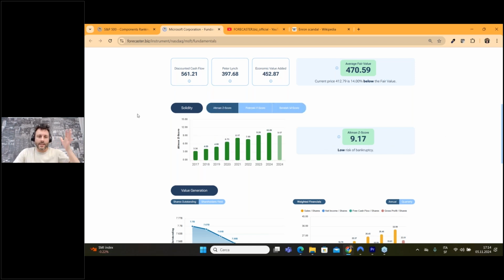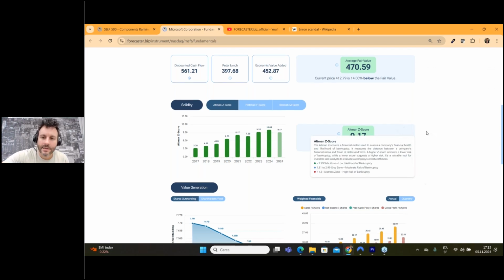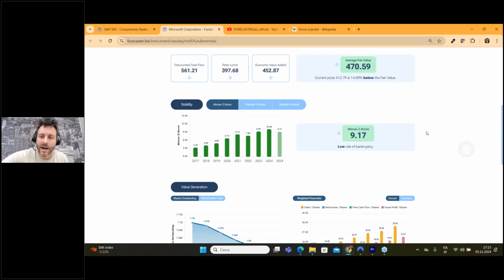All these ratios help us understand if the company is solid. If we go to the Altman Z score, we can find a very interesting score that tells us if the company has a risk of bankruptcy.